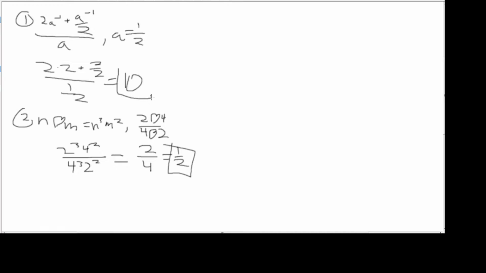I should probably box the answers. And then number 3, I think I'll have enough time because I'm just rushing it through. It's pretty self-explanatory. All of the first 3 are just order of operations and exponent properties, and they're really easy.